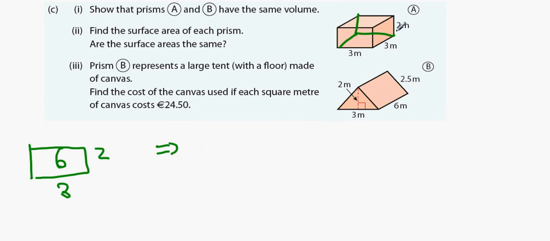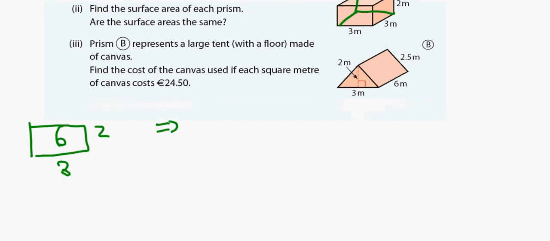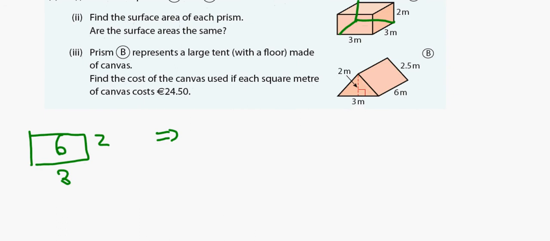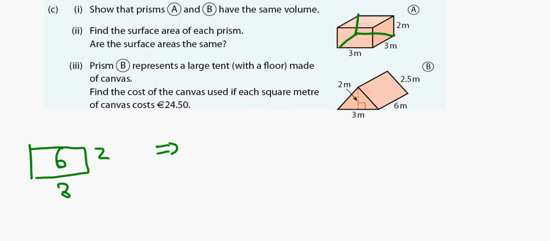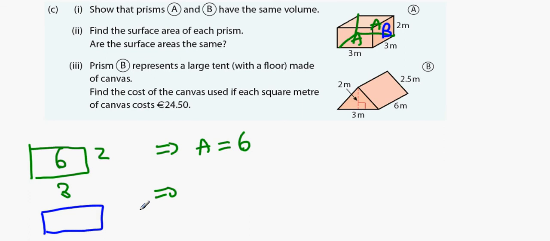So we call that A, and A is 6 centimeters squared. And there's two of them. Okay, area of B, which is the side, and B is going to be 3 by 2 again, which is also 6. So the area of B is 6. And remember, there's two B's, the side, the right and the left.